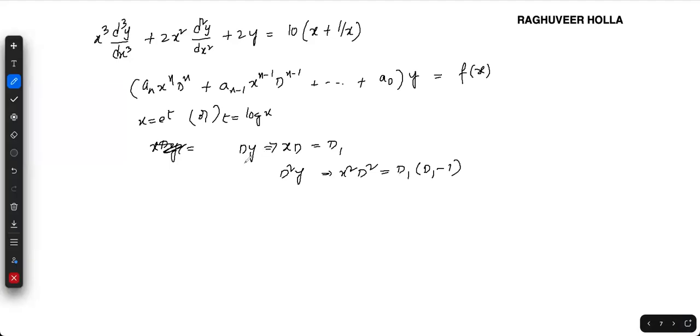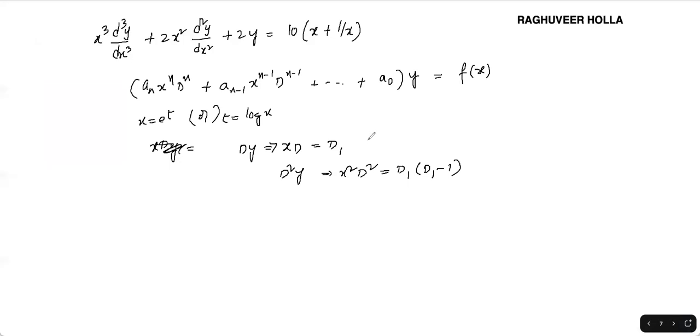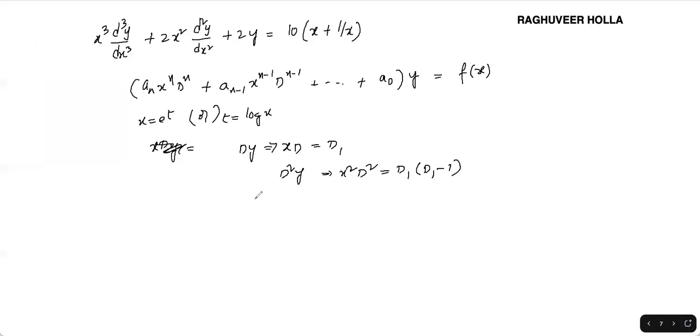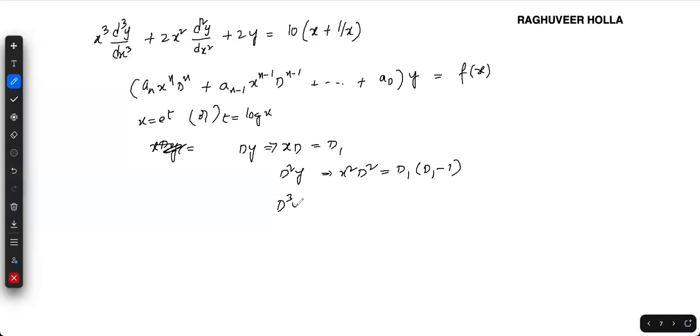As I said, this is D1. And since you have the cube, x cubed d cubed y/dx cubed is just D1 into (D1 minus 1) into (D1 minus 2) y.